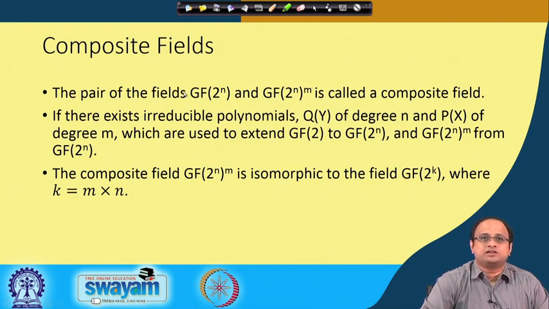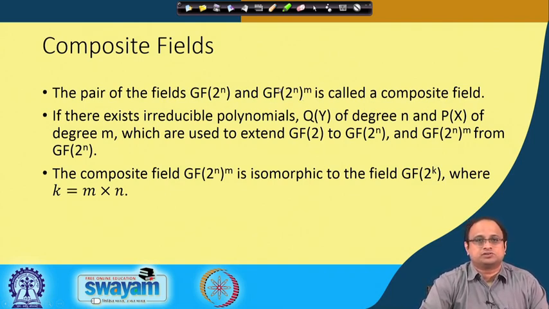As we have seen, extension fields are of the type GF(2^n). We can also construct fields of the type GF((2^n)^m). These kinds of fields are called composite fields.